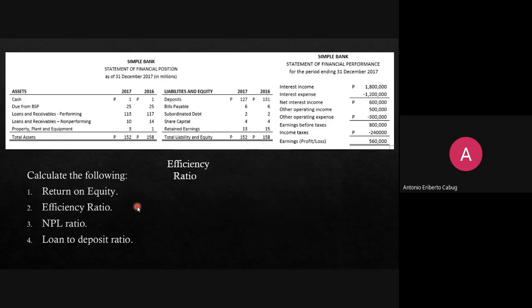Next question, efficiency ratio. The way we calculate efficiency ratio, as I have discussed a while ago, is non-interest expense divided by interest revenue. Someone asked if it is okay if it is not converted to percent. Yes, 0.0311 or 3.11%, it doesn't matter.